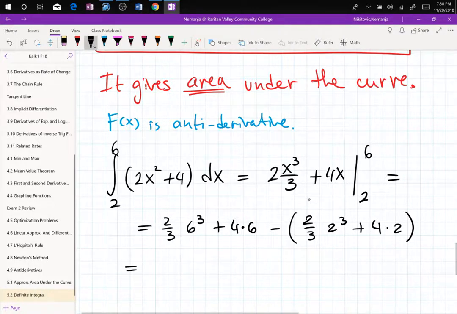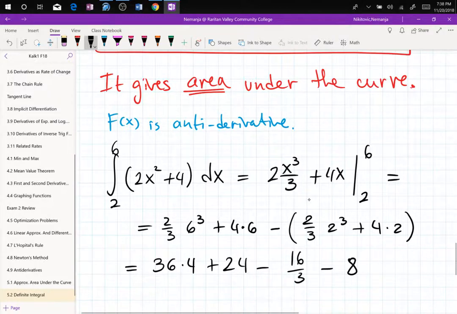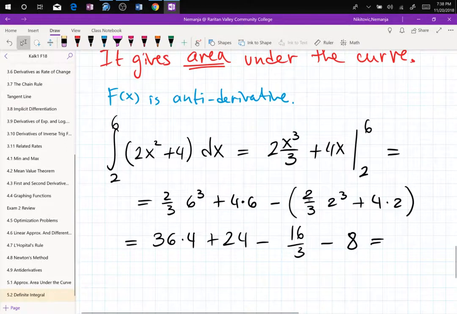Alright, so 6 cubed is 216, I'm going to steal one 6 and cancel the 3, so that's 36, that's 36 times 4, plus 24, minus 16/3 minus 8. When you distribute the minus, that becomes negative there. 36 times 4, that's 144.